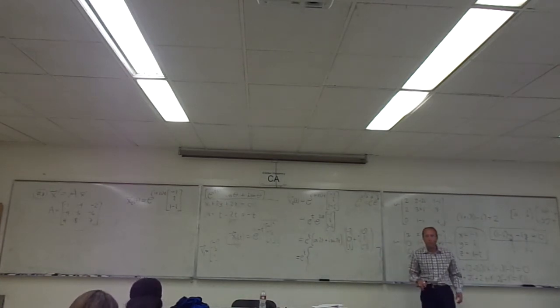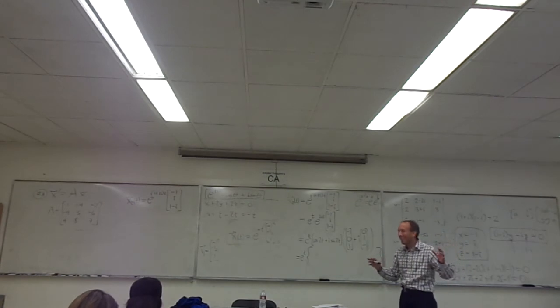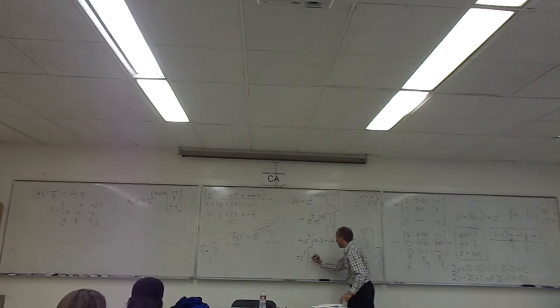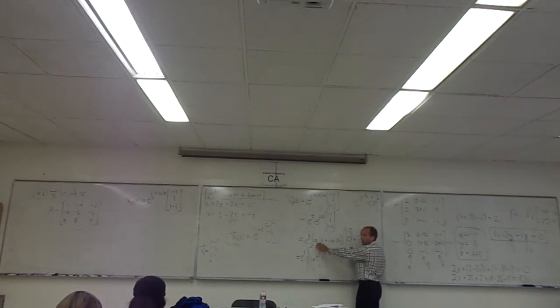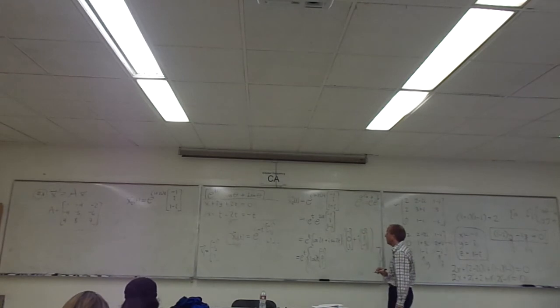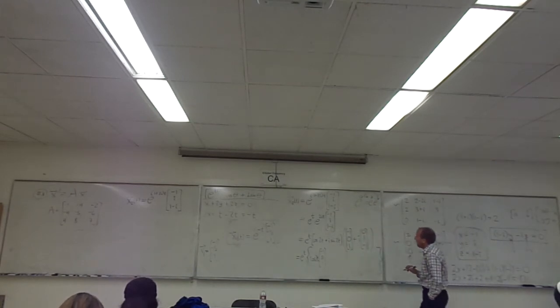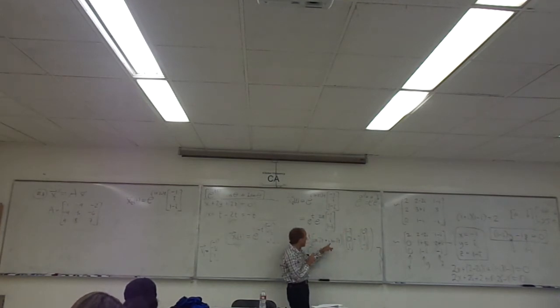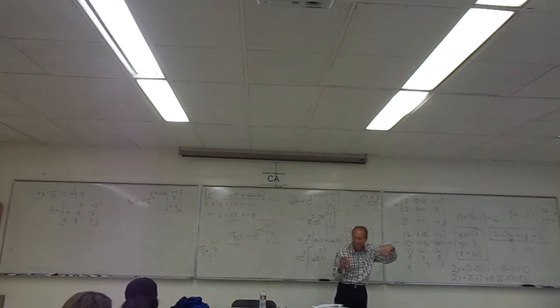You have to do this magnificent FOIL that we were talking about on Wednesday. So the first term times the first term: cosine of 2t times the vector (-1, 0, 1). Okay, so the first times the first. Then I'm going to do the last times the last next. The reason I'm doing that is because I have an i times an i, which becomes negative 1.